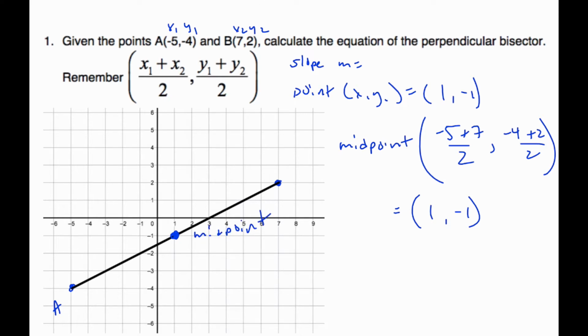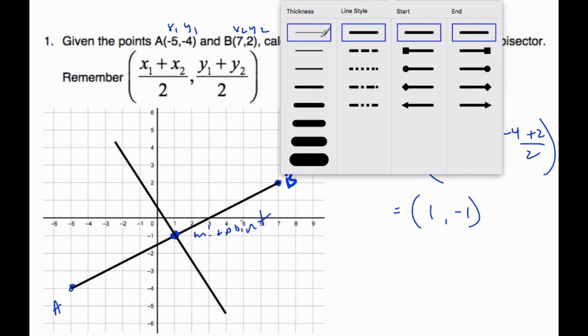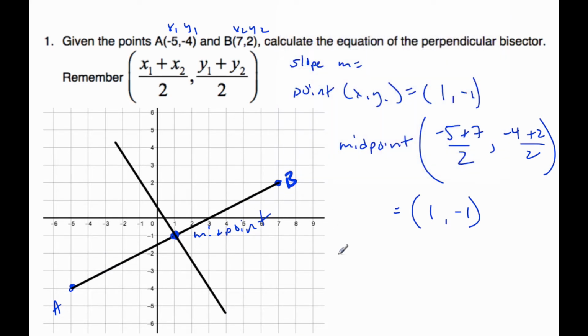Now, if I'm going to do my sketch of the line I'm looking for, it's roughly going to be somewhere here, where it's going to be perpendicular. In order to find the slope, I could find the slope of AB. If I find the slope of AB, then I can negative reciprocal it to find the perpendicular slope.